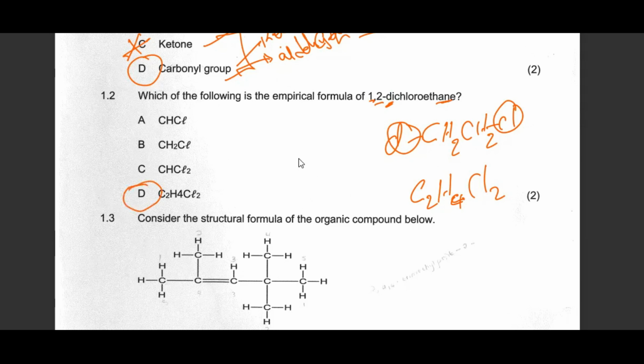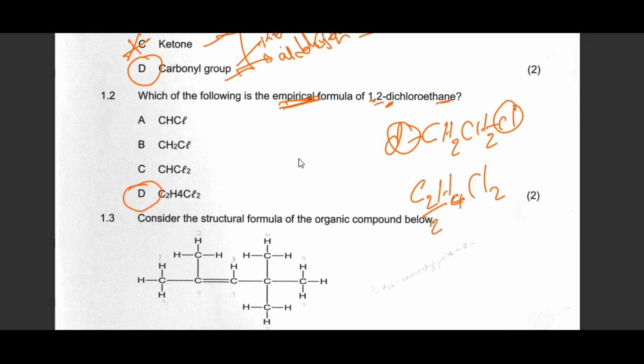But because they're saying empirical formula, it means that you are talking about the simplest way you can express this. What we have now is the molecular formula. So if this is 2, 4, 2, 2 can go into 4.